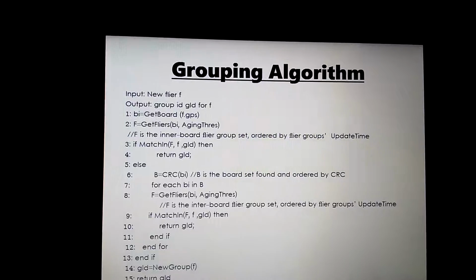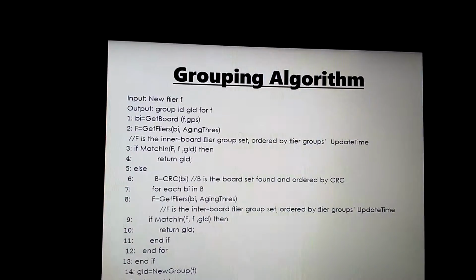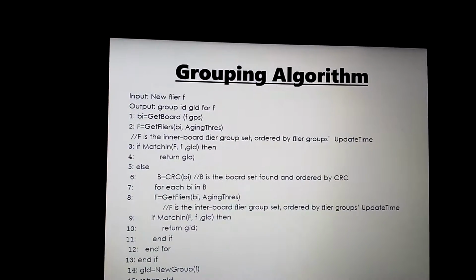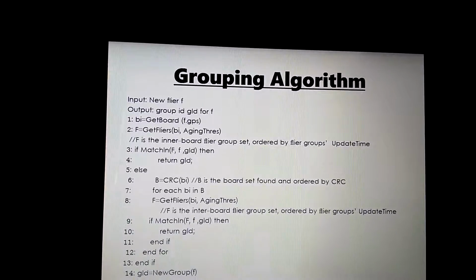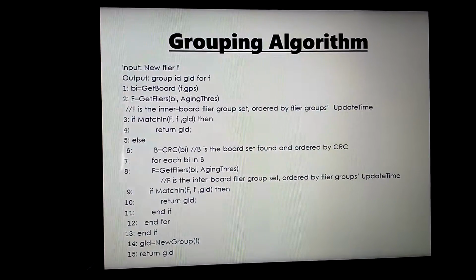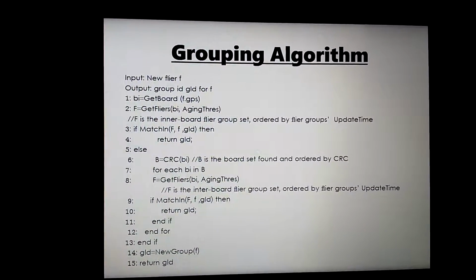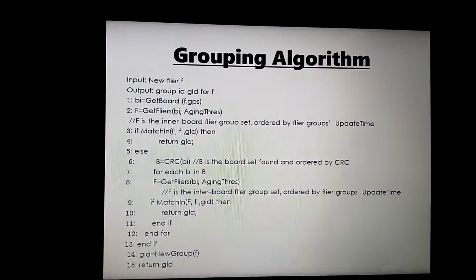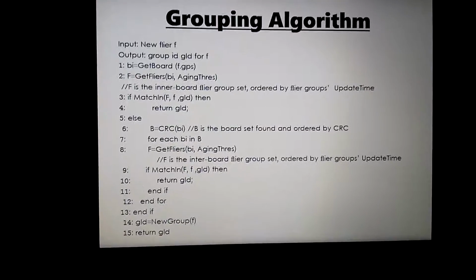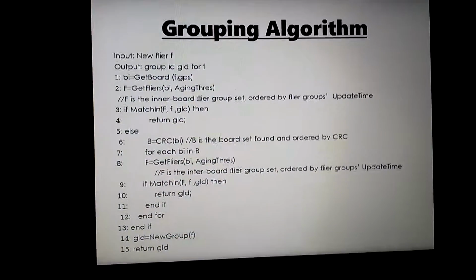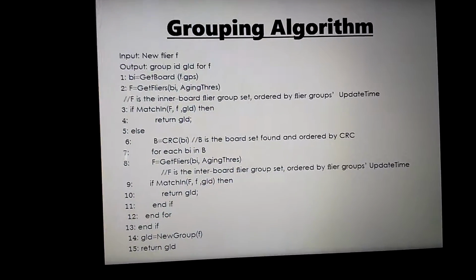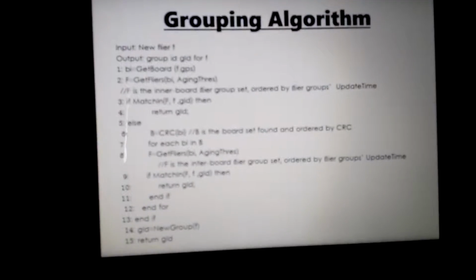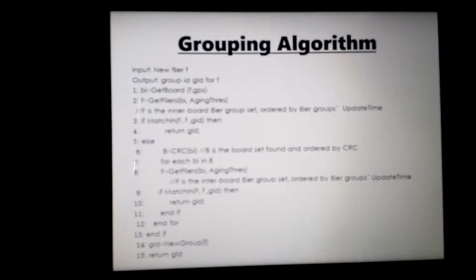Second, if two boards in different geographical locations have the same flyers, it updates the newfound location of the flyer. In the end, if it identifies a new flyer, it assigns a new group ID. Otherwise, the flyer keeps the same group ID.